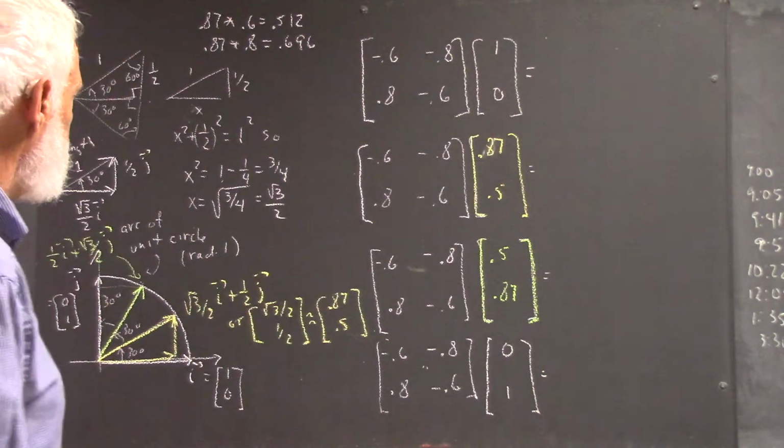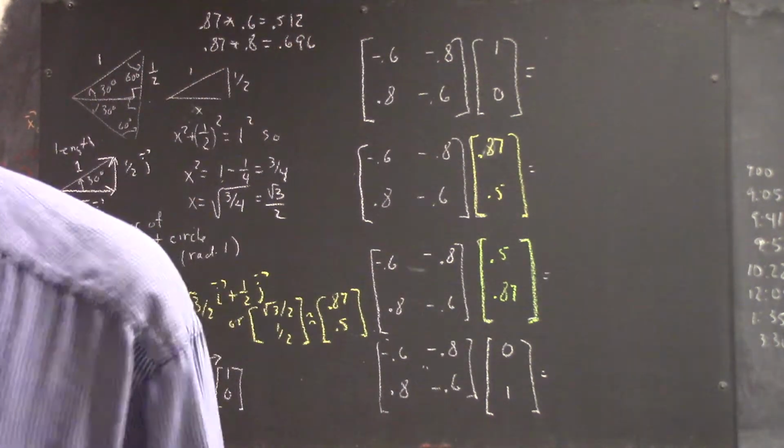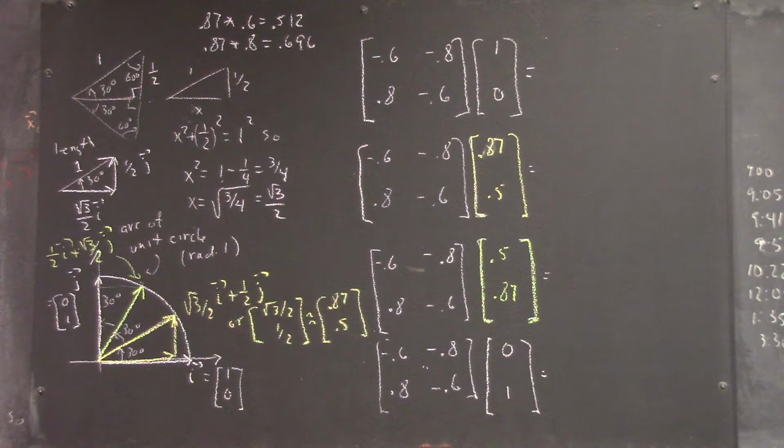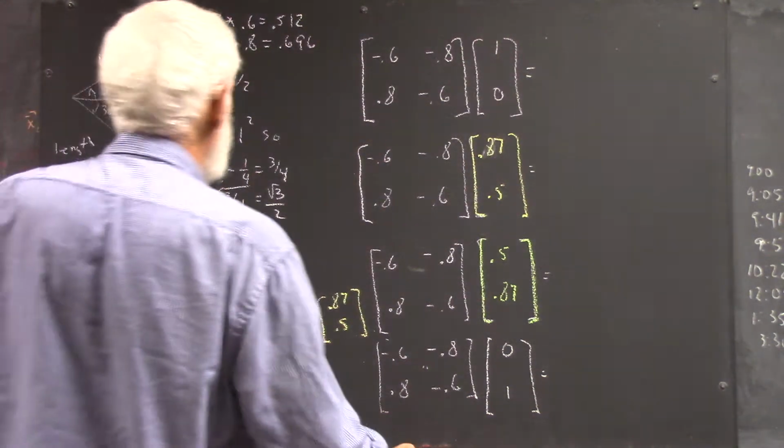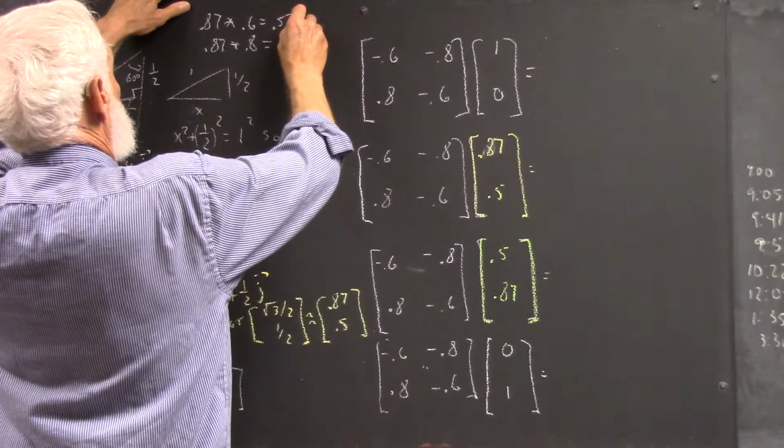I think those are right. Okay? I think that 512 should be 522. Yeah. It's 522.